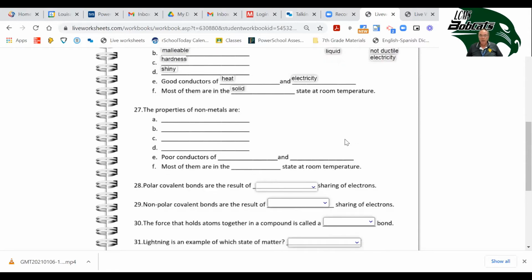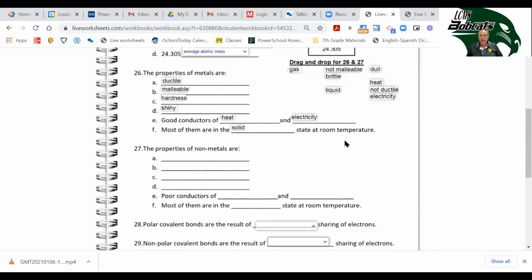The non-metals, the not metals, were exactly the opposite. They are not malleable. They are not ductile. They are often brittle, which means they break because they don't bend and you can't pound them flat into shape like them being malleable. They are not shiny. They are dull.